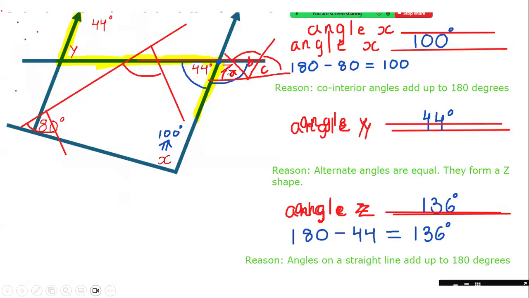But how we got Z here was angles on a straight line. The Z is how we got Y, this Z, right?